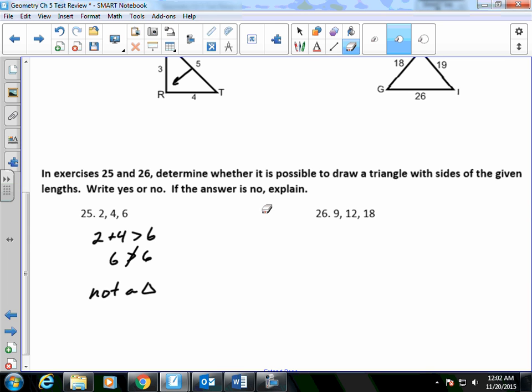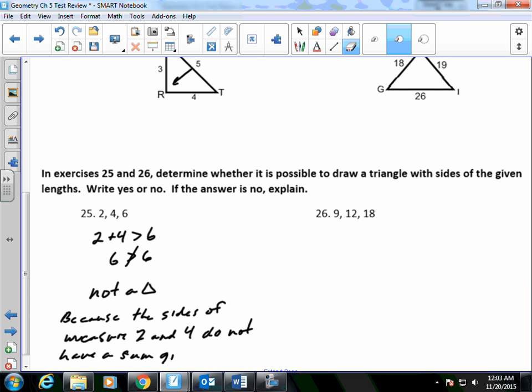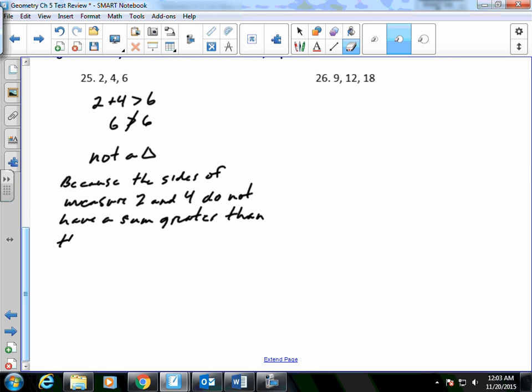And so basically to explain it, I'm going to say because the sides of measure 2 and 4 do not have a sum greater than the third side of length 6, these sides will not make a triangle.